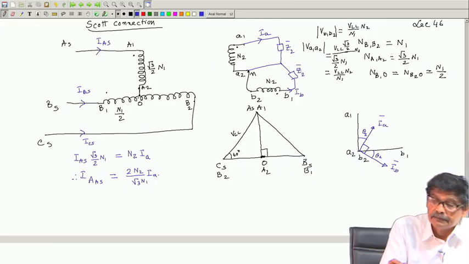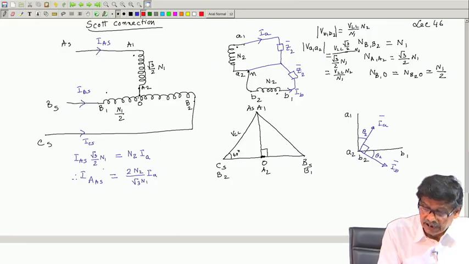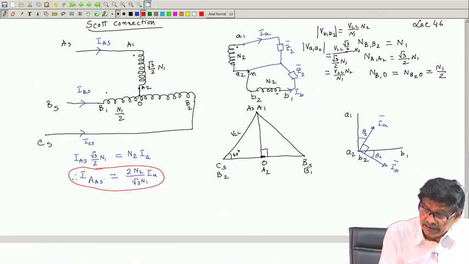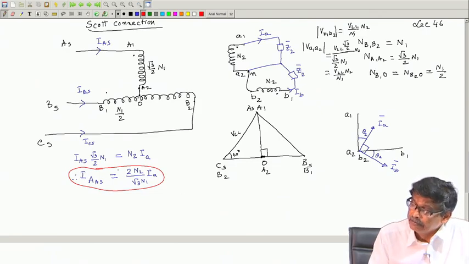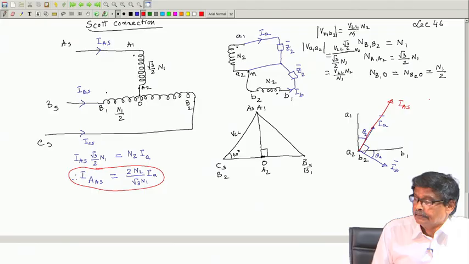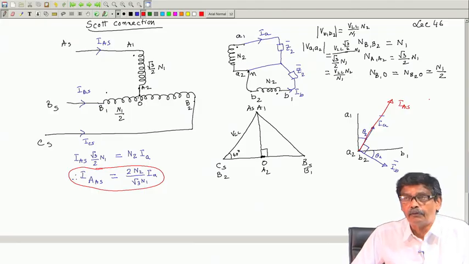So, therefore, I A S, how to draw? This is I A. Your I A S will be in the same phase with I A, because this is only a scaling factor. See, we are using whatever we have learned from single phase transformers.